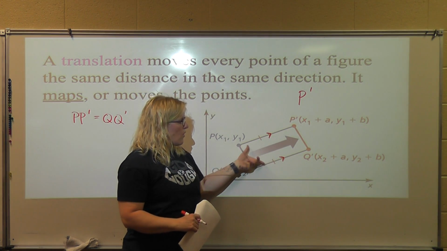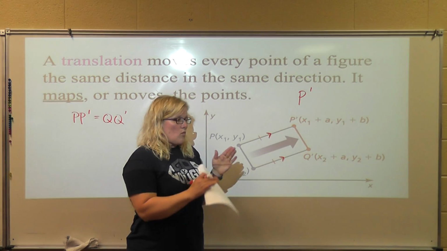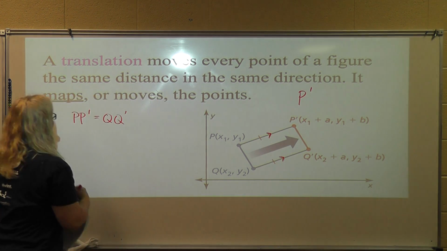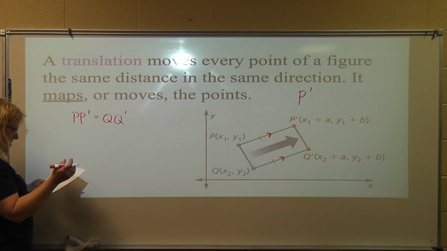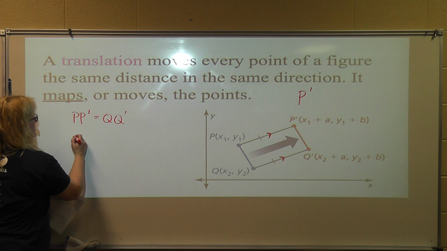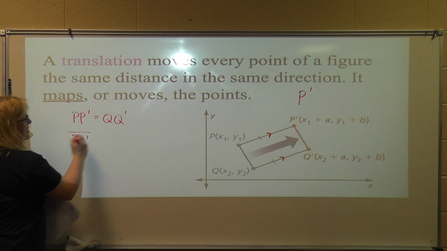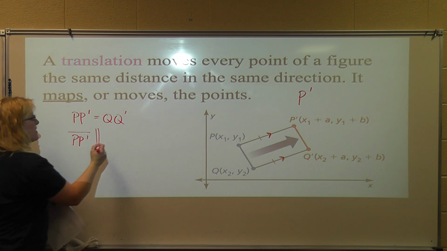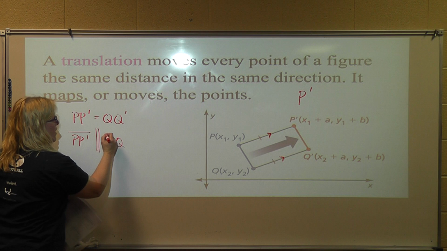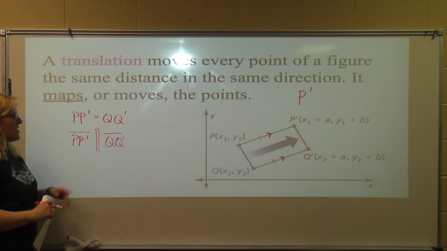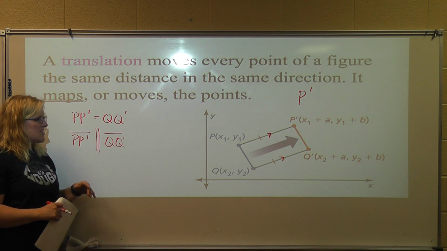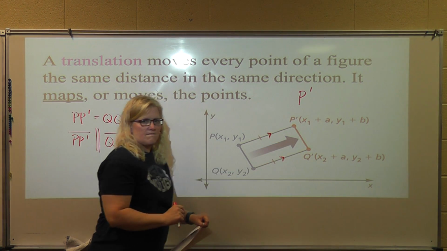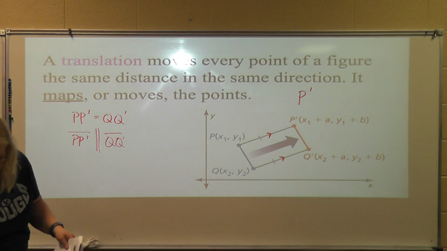So this shows that not only are we going the same distance, but we're going in the same direction. We're not going out like that. So PP prime is equal to QQ prime, and the segment PP prime, written like that, is parallel to QQ prime. I know that's a lot, it looks like a mess, but that's just saying that this line right here is parallel to that line right there.